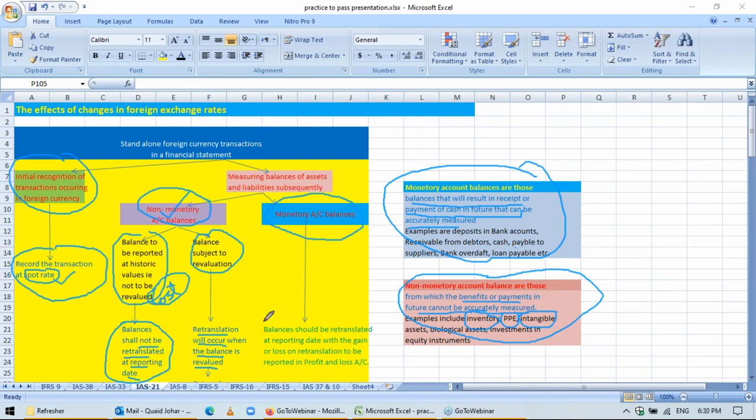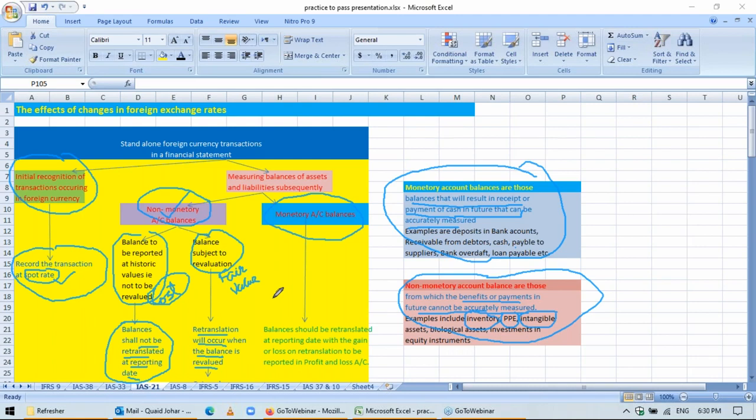So in case of the revaluation model, or using fair value of assets and the fair value changes, at that time you will have to retranslate it, right? So ordinarily, if you are using the cost model, once you have converted the foreign currency at the spot rate initially, you will not revalue it, right?